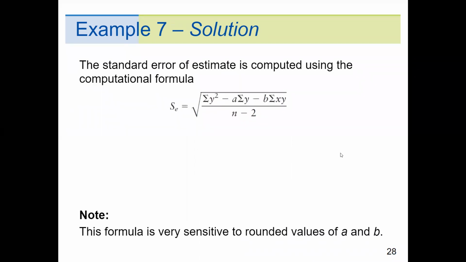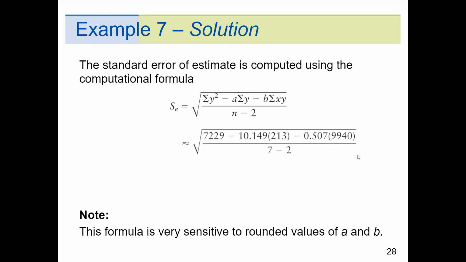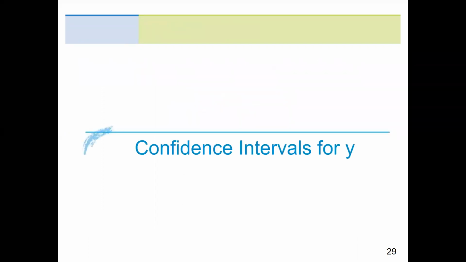The standard error of the estimate is computed using the computational formula. Again, they figured everything out and plugged it in. Note, this formula is very sensitive to rounded values of a and b. So if you're not getting exactly what the WebAssign platform is getting, it's probably a rounding error.